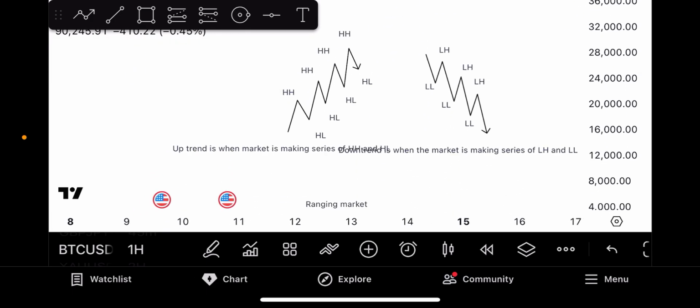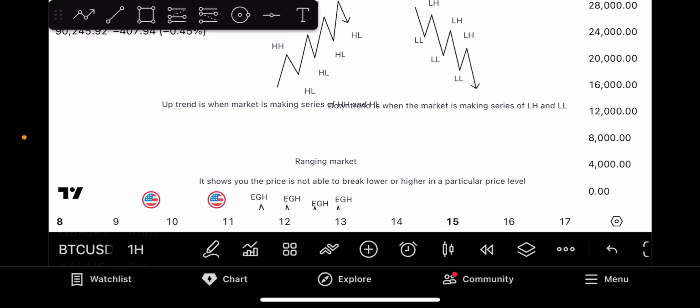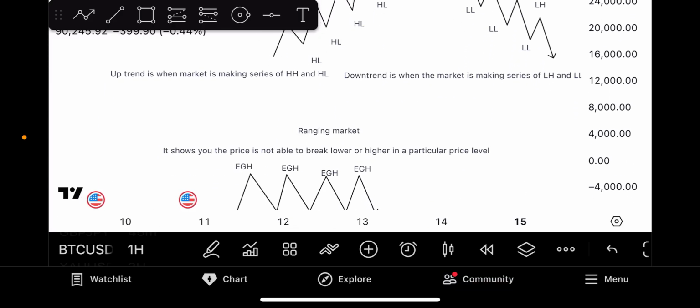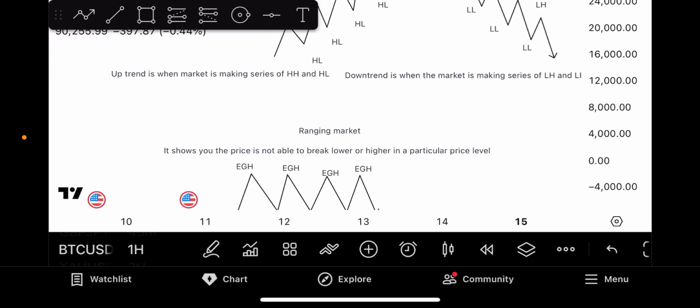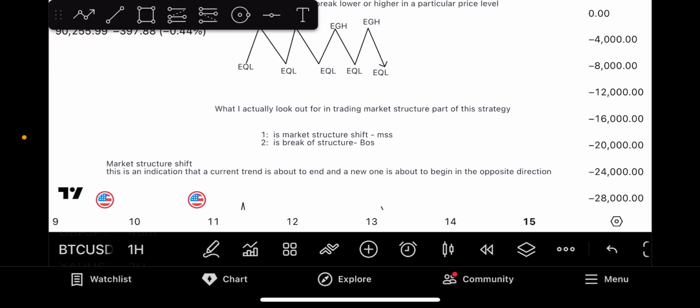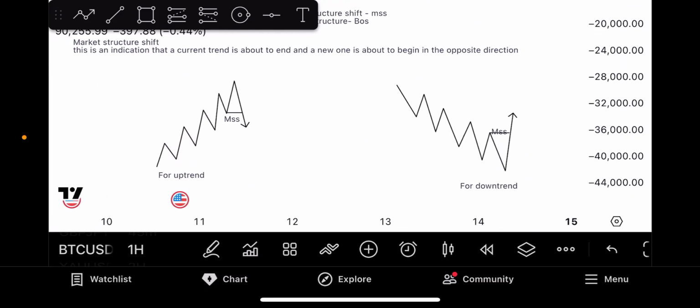In my next class, I'll be teaching you guys the liquidity parts of this strategy, which is inducement and point of interest, and the rules I look out for while picking out my point of interest. With time, I'll make a video about it and post.